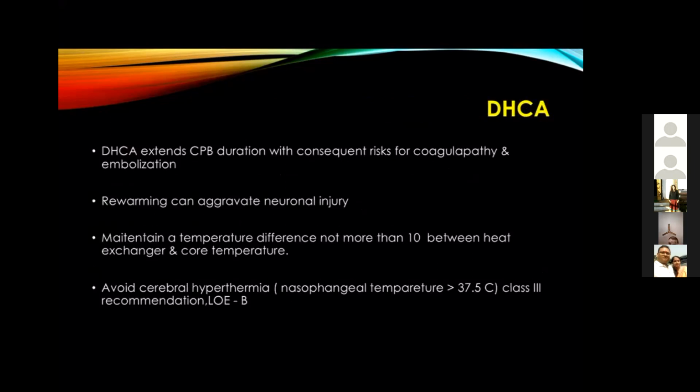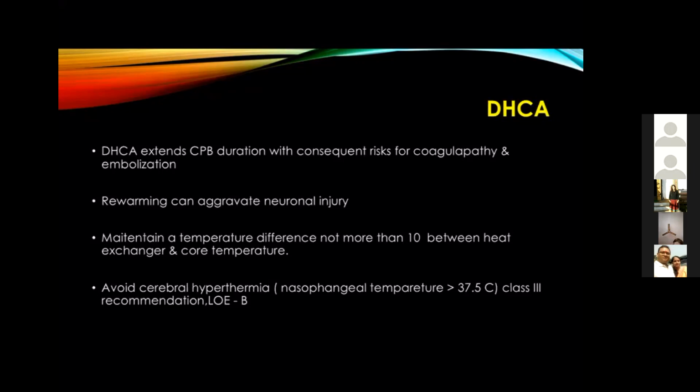Now, what is the benefit of this DHCA? It extends the CPB duration with consequent risk for coagulopathy and embolization. You know, there are three components. One is the DHCA, another is the DHCA with antegrade cerebral perfusion, whether selective, it could be selective ACP, unilateral or bilateral.